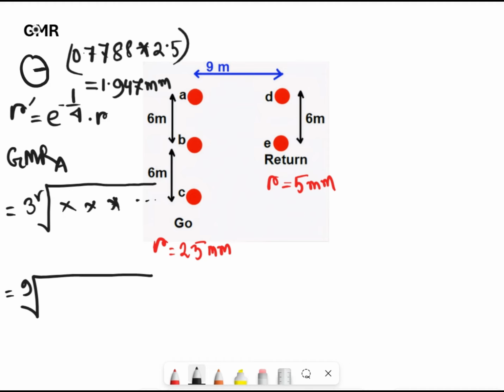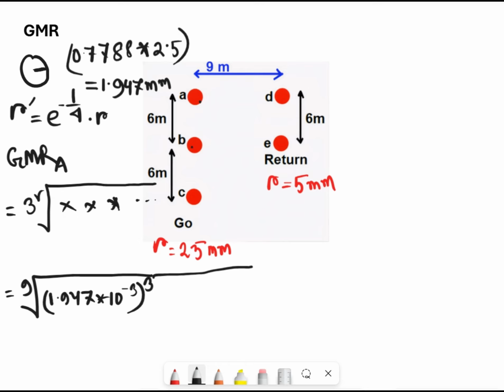There are 3 conductors, that's why we have to write 1.947 into 10 to the power minus 3. As all these distances are in meter, that's why we are taking meters. So there are 3 cables or conductors, that's why there will be 3 values.